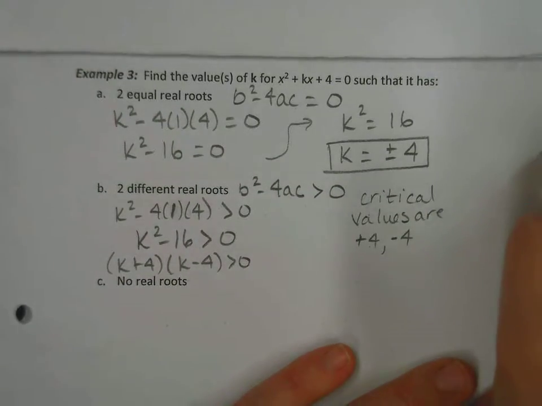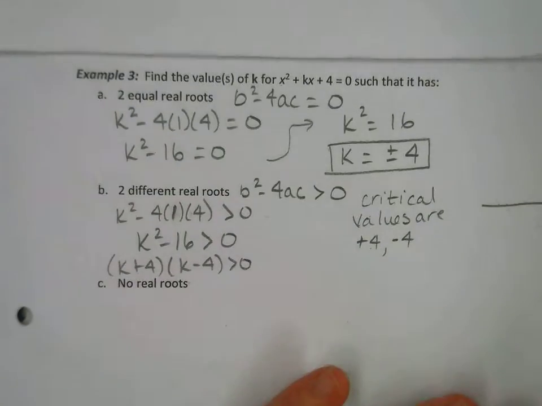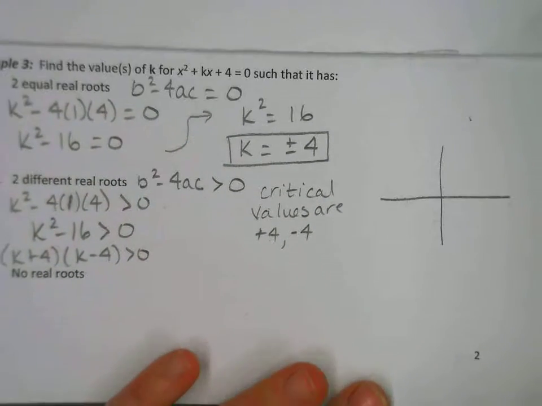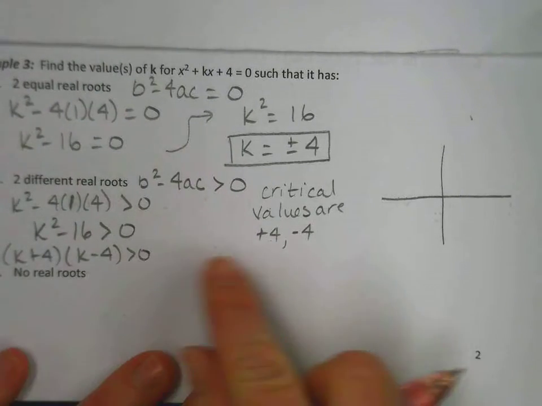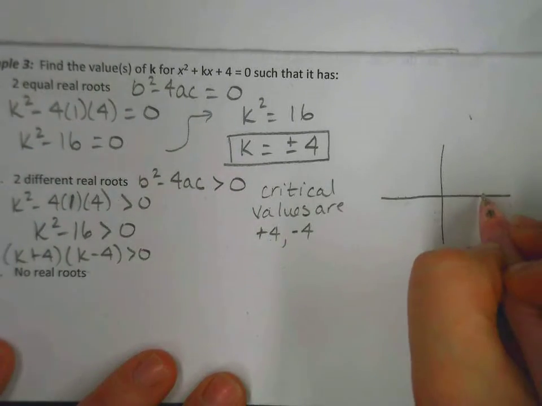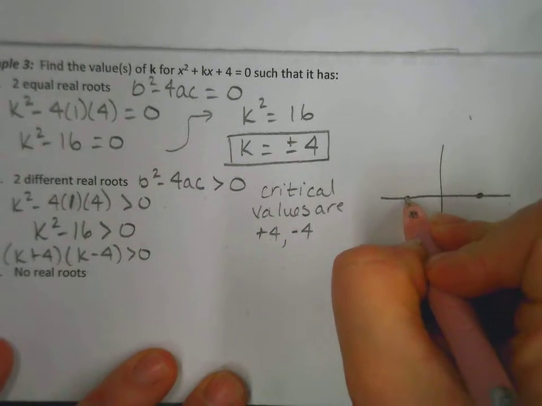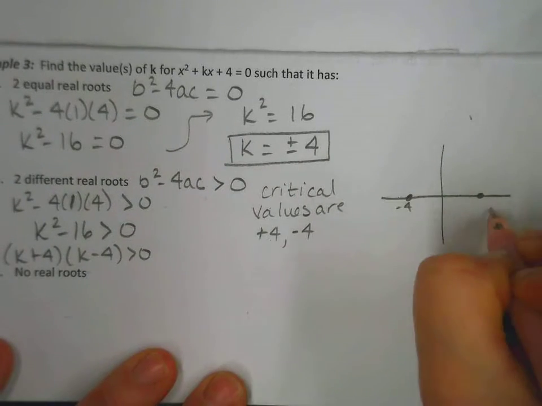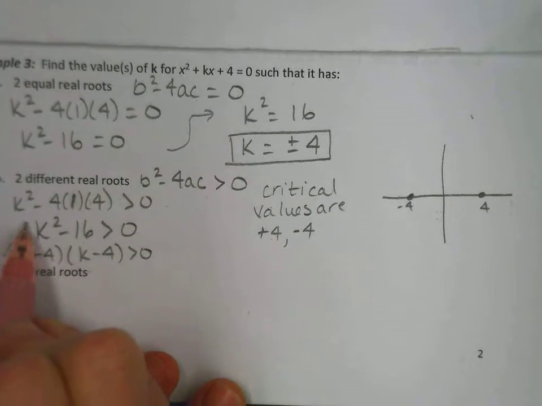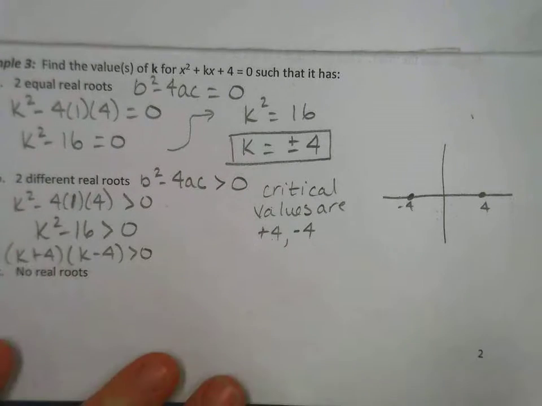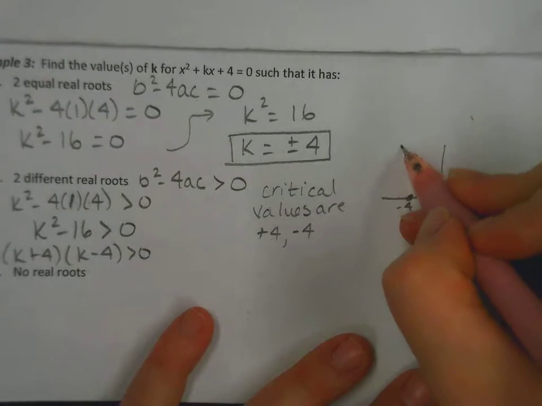So now as a sketch, I'm going to visualize this graph. I'm going to sketch this quadratic. It has an x-intercept at positive 4 and an x-intercept at negative 4. And because my a value is positive, this graph is going to open up.